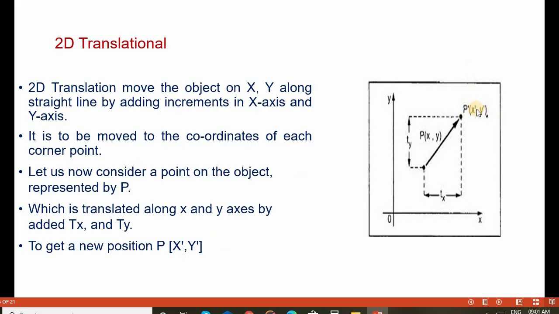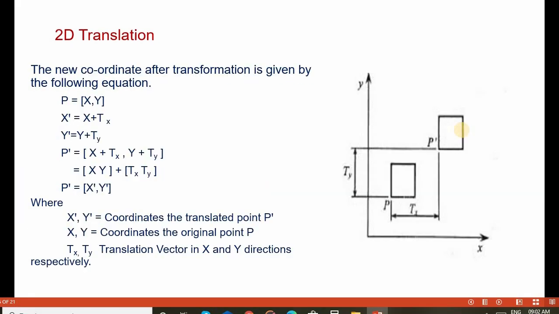P dash is (x dash, y dash). So P of (x, y) has been translated into P dash of (x dash, y dash). This process is called the two-dimensional translation process. Now we can see how to translate the object. The new coordinate after translation is given by the following equation.